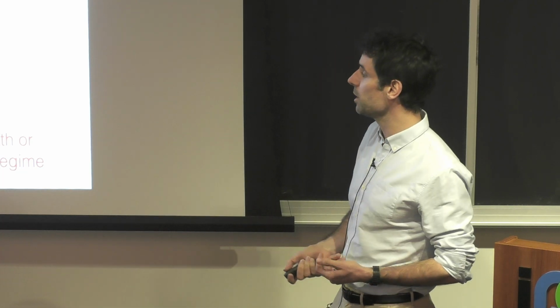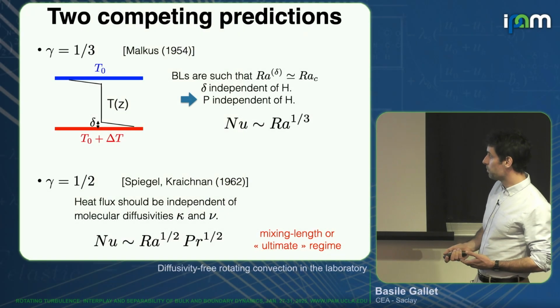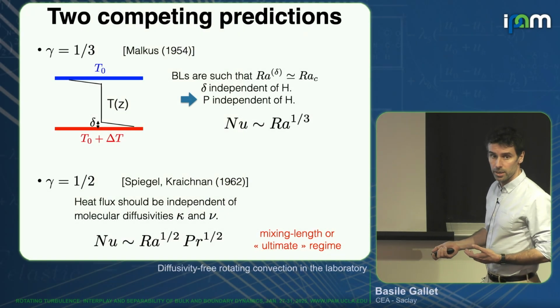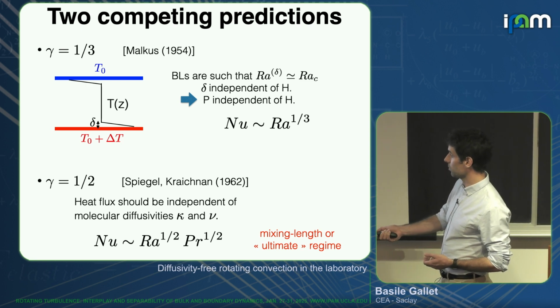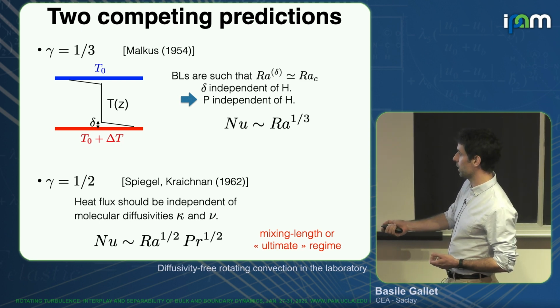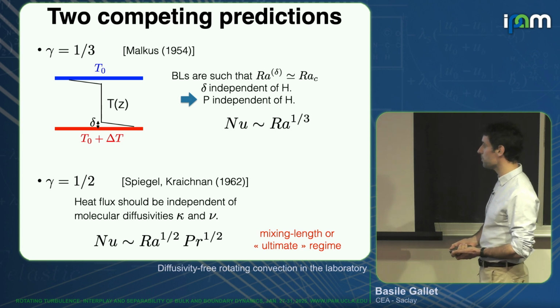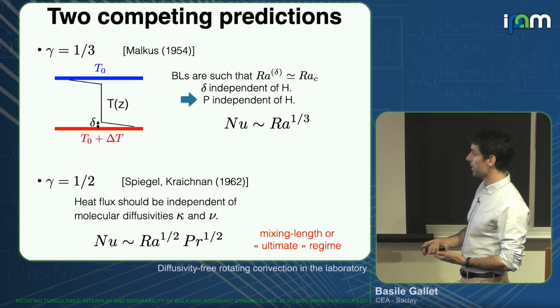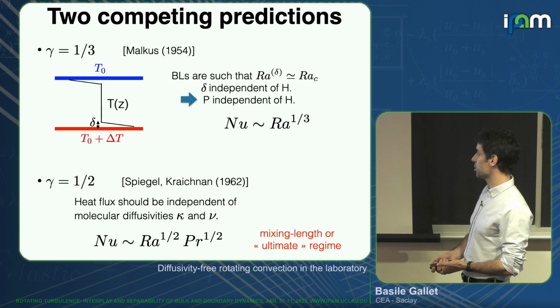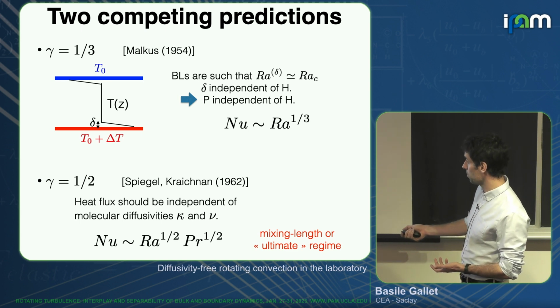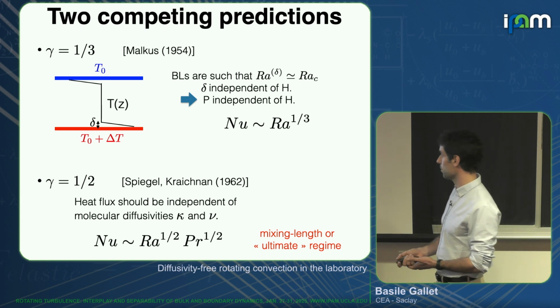So diffusivity-free regime. And if you demand that P and delta T be related in a way that does not involve kappa nor nu, you get that Nusselt should go like Rayleigh to the 1/2, Prandtl to the 1/2. Okay, so depending on the community, I think in the astrophysics community, this is known as the mixing length scaling regime. In the physics community, this is sometimes called the ultimate scaling regime.